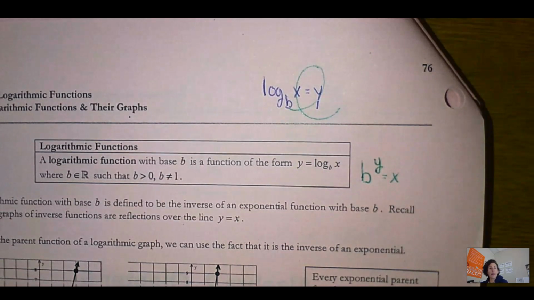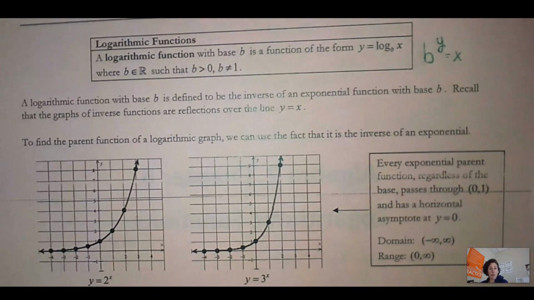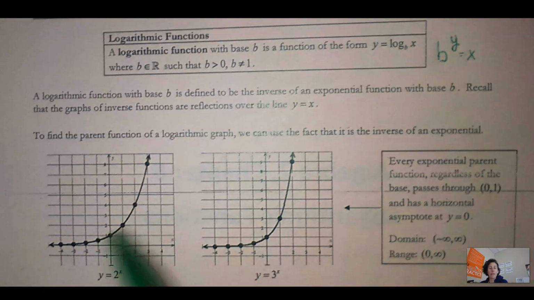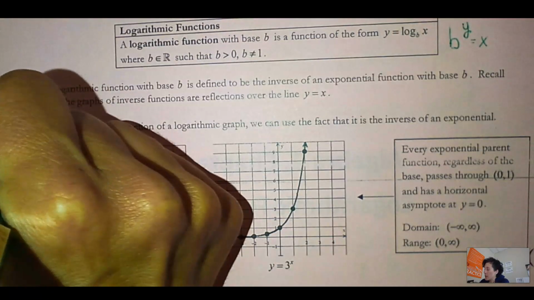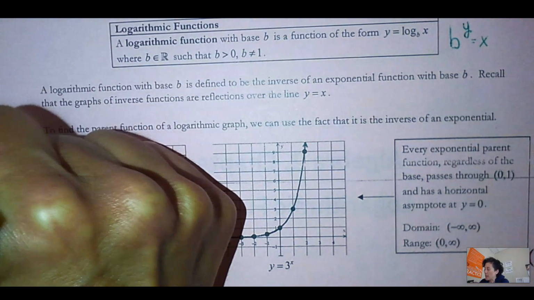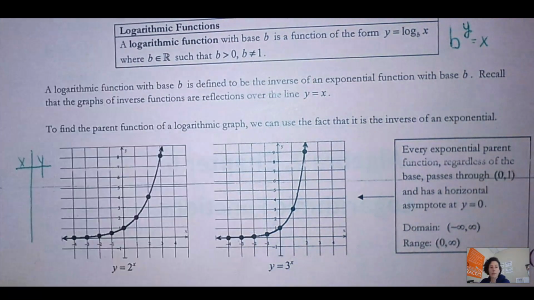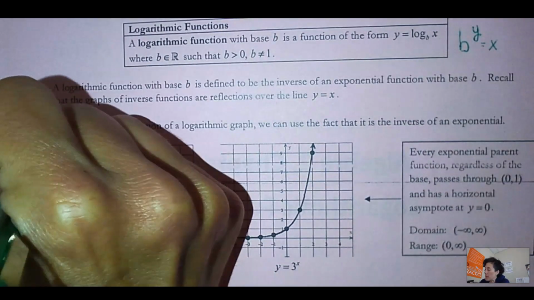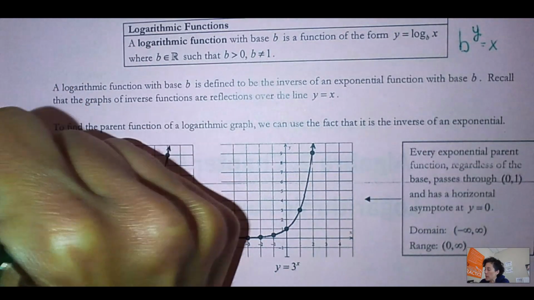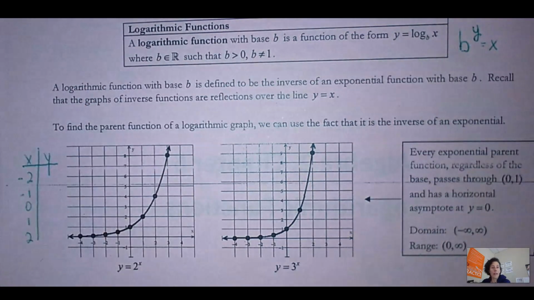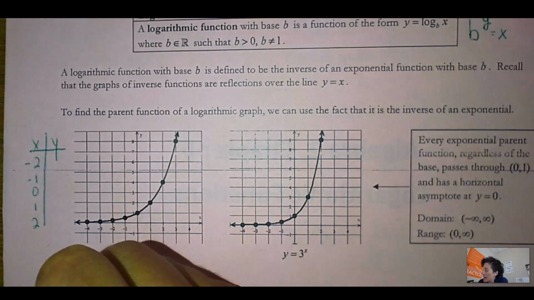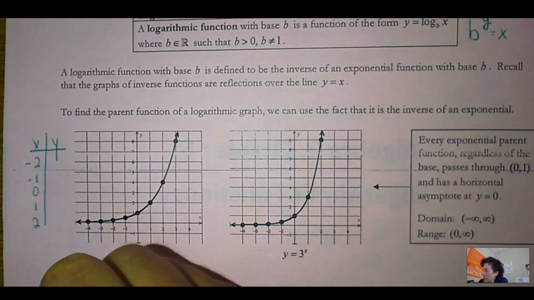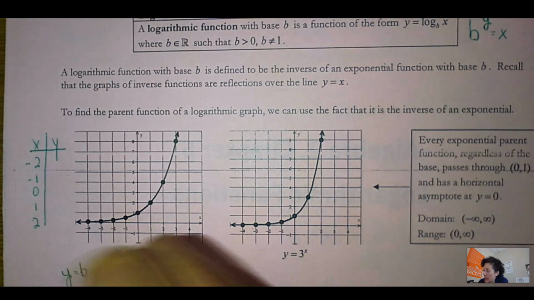So let's take what we know so far from our previous chapter, if we were graphing y equals 2 to the x. Just a reminder, we would make our table, and these were our x values that we used for our table, and this is in the format of y equals b times g to the x power.